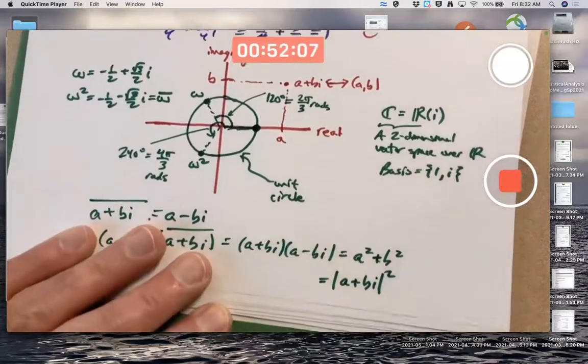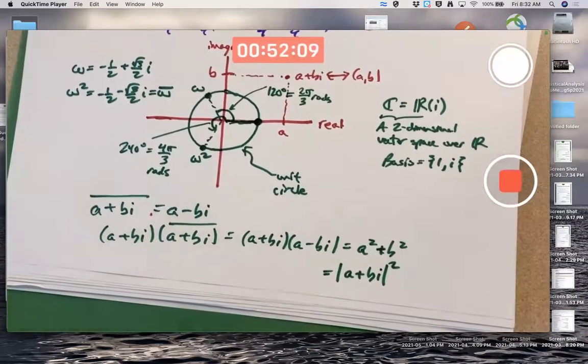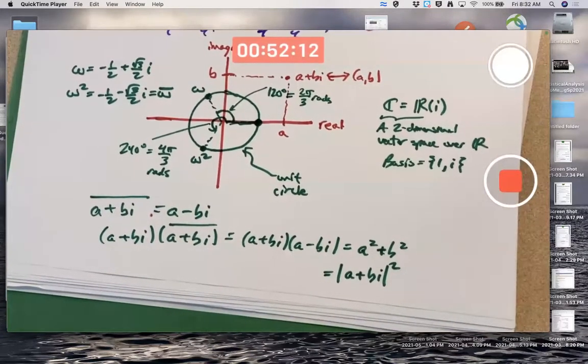You might say it's the absolute value of a plus bi squared. This is all stuff that's no accident. Call a complex conjugate here.